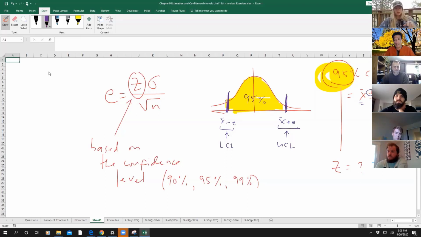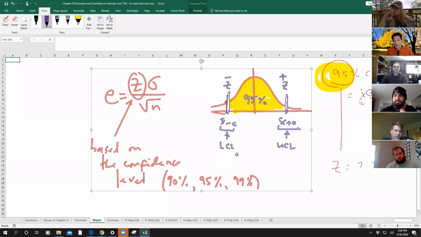Can anybody tell me how we can obtain the z-score over here and over here? The z-scores will be the same, except that this will be a negative z-score and this will be a positive z-score. How can we obtain the z-score associated with this point here?